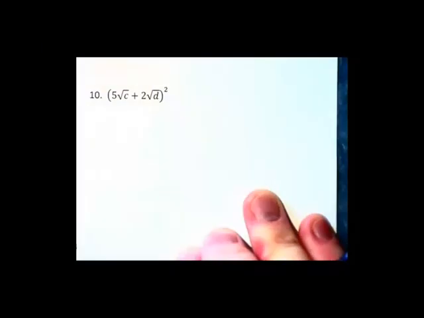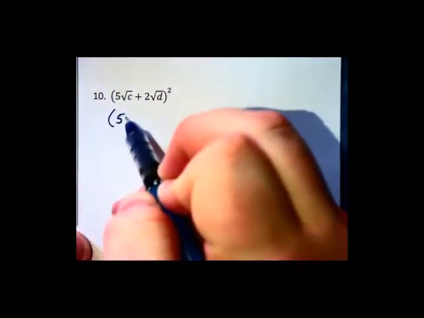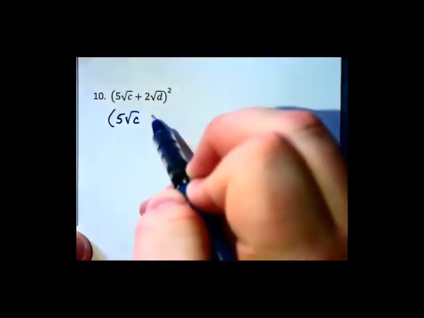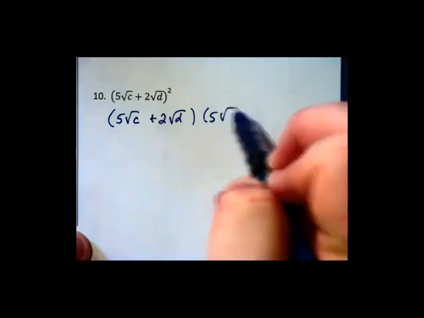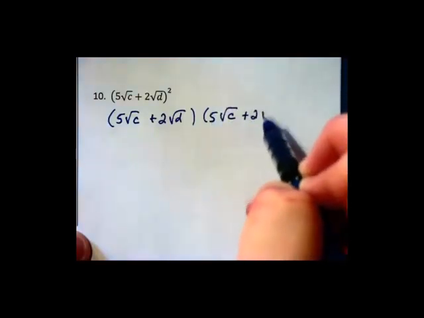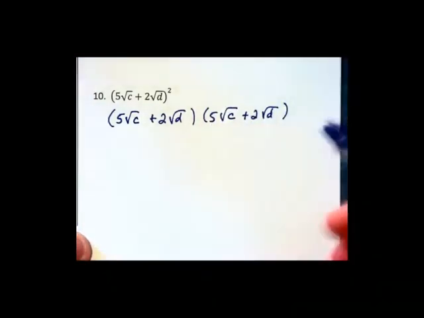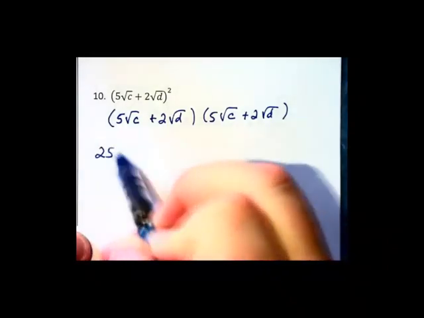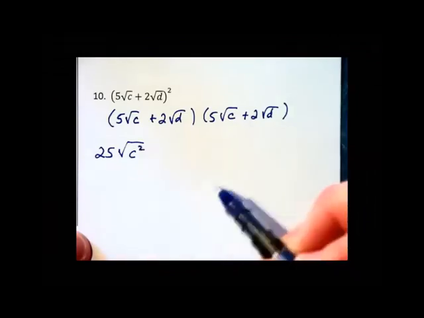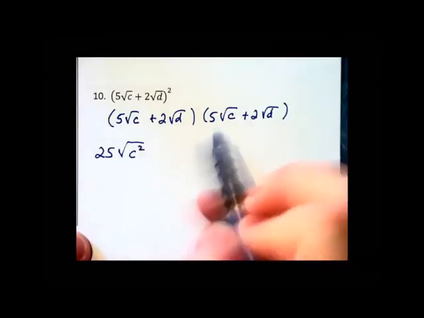The final problem of this video that I want to show you is again another one of these binomials getting squared. So 5 root c plus 2 root d getting multiplied by itself again. Just be careful, don't go too quickly. First term of FOIL, 25 root c squared. Inner, 10 root cd.